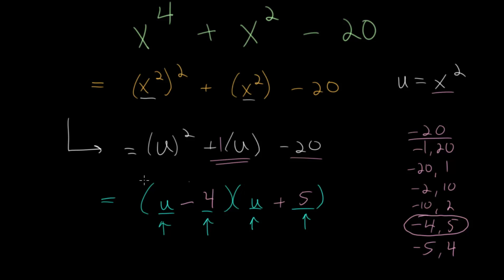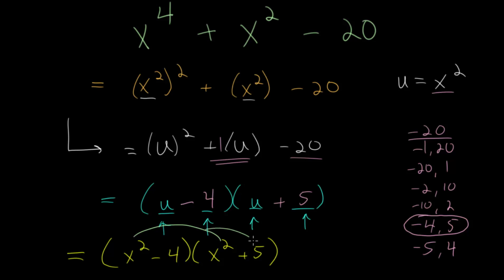So this factored quadratic, we can rewrite as x squared minus 4 multiplied by x squared plus 5. And of course, we can test this by re-multiplying everything out. So if we multiplied x squared into both of these terms and minus 4 into both of these terms, we will see that we get back the fourth degree polynomial that we started with.